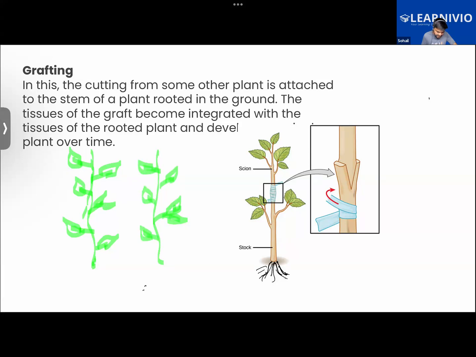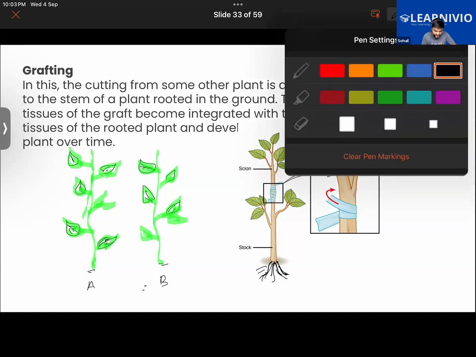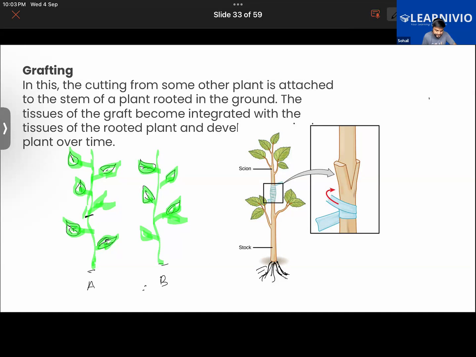Plant A and plant B. So two plants are there, plant A and plant B. What we have done is cut the upper portion of one of the plants. Let us say we have cut this upper portion of this plant, this much. From here we have cut it, and let's say we have removed it. We have thrown it away.